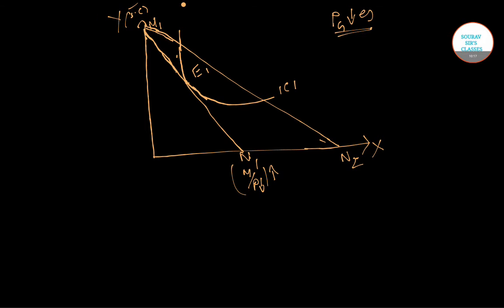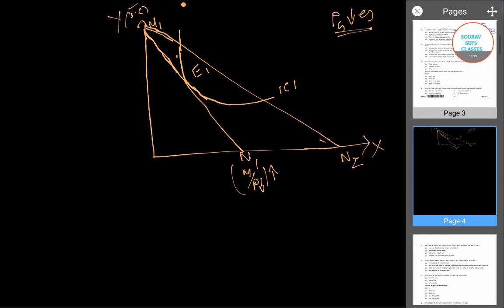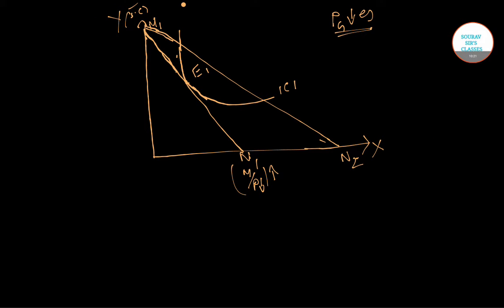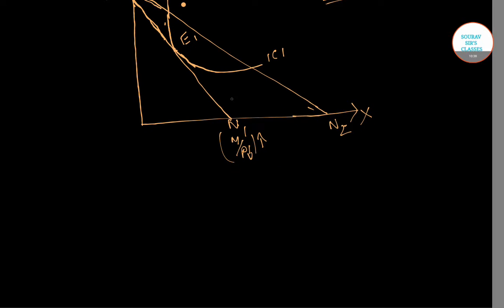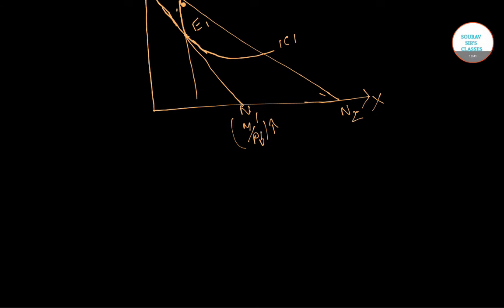Now, as it has shifted from M1 N1 to M1 N2, the consumer moves to a new equilibrium point E3. Initially he was consuming this level, which we can denote as X2.